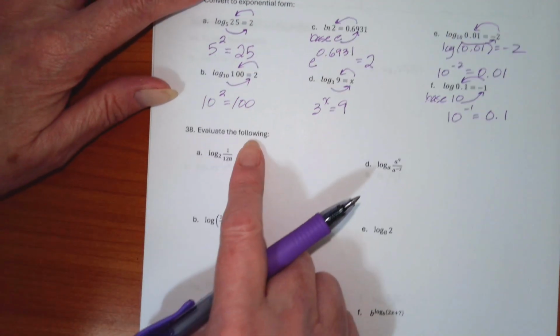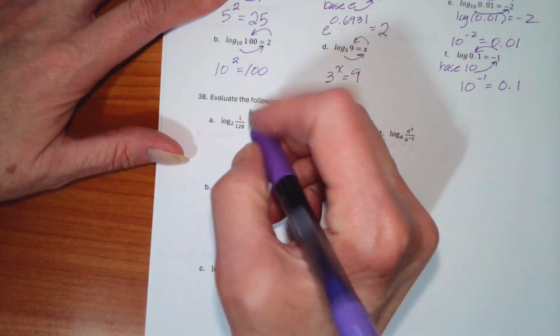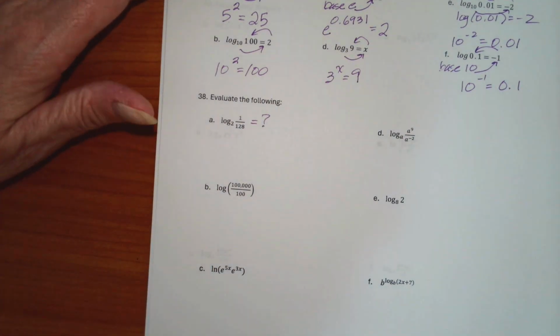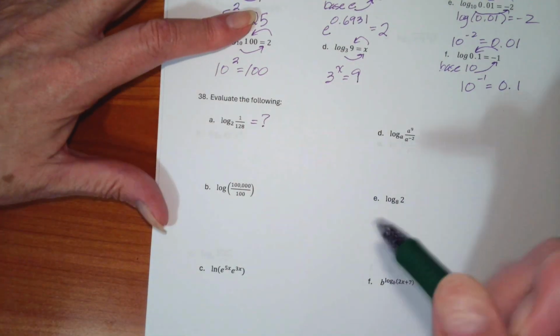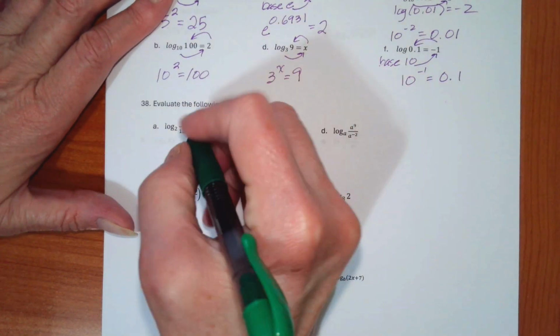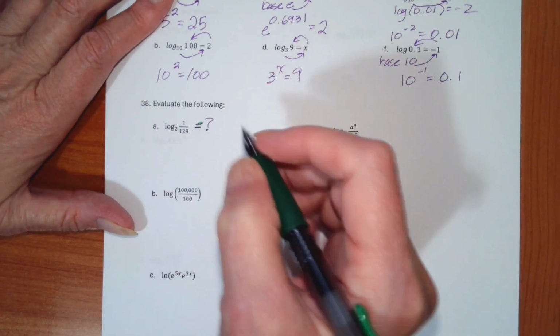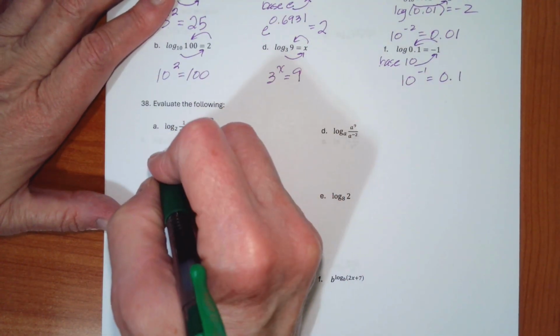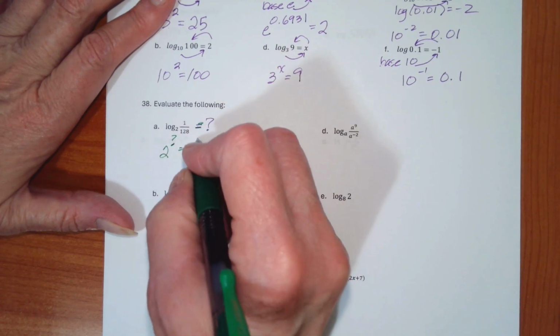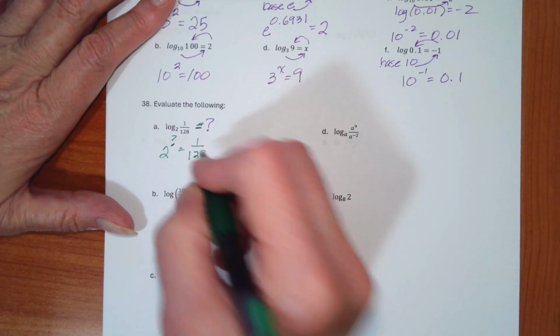Okay, well, if I want to evaluate the following, I want to know what this is equal to. This tells me that I'm looking for 2 to what power is equal to 1 over 128.